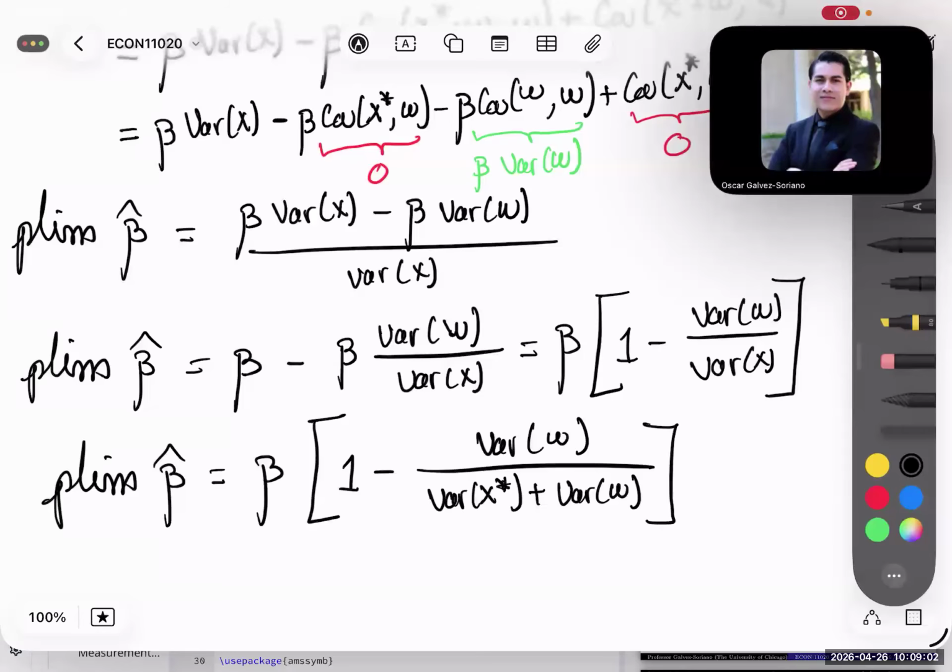And clearly, that element that is subtracting is less than 1, which means that this part here is also less than 1.